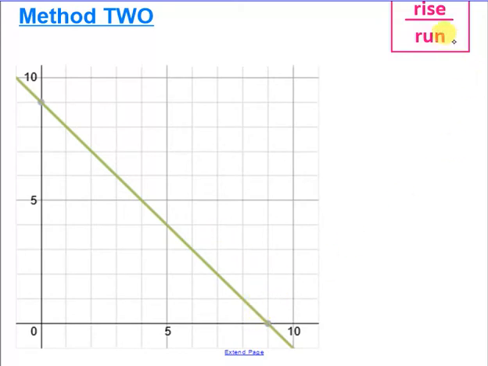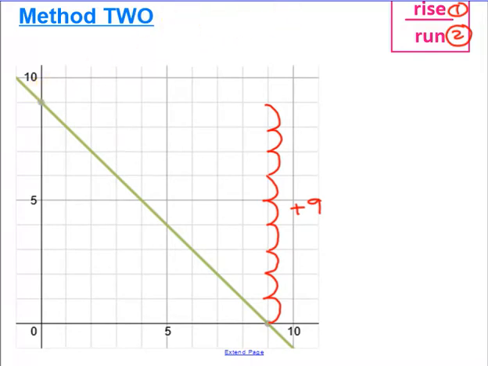So the first thing I'm going to do is I'm going to rise, okay? So 1, 2, 3, 4, 5, 6, 7, 8, 9. Okay, so that was plus 9. Now the second part is I'm going to run. Now I'm running to the left, which means negative.